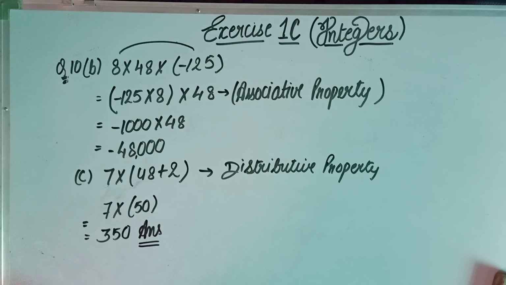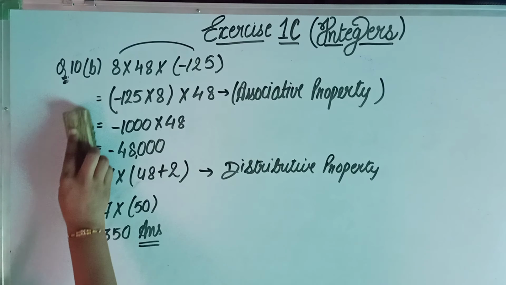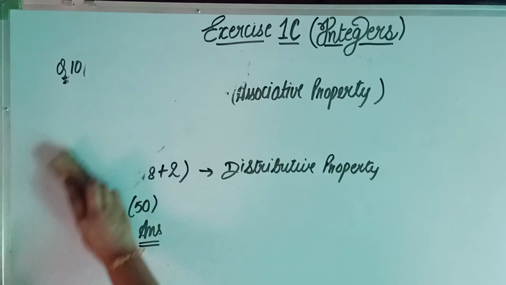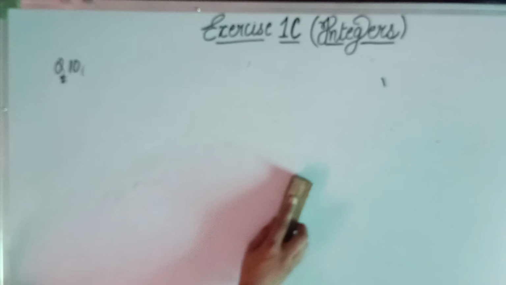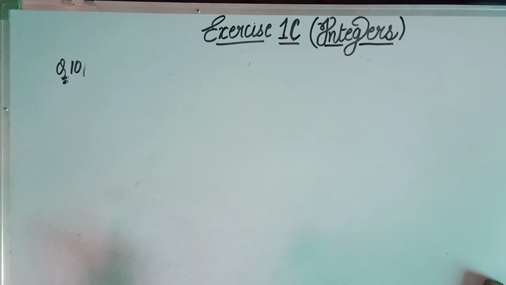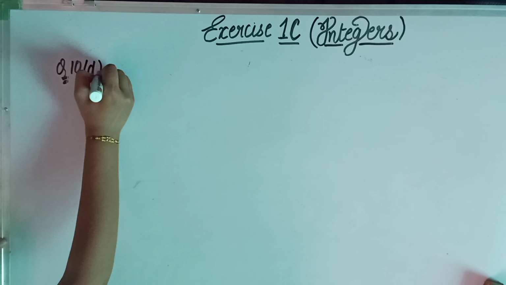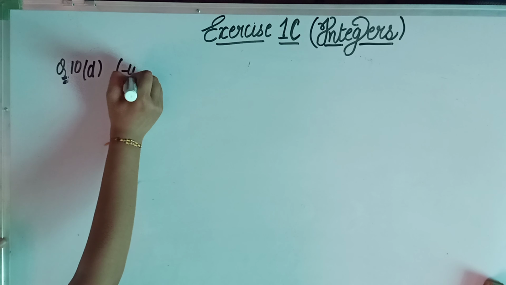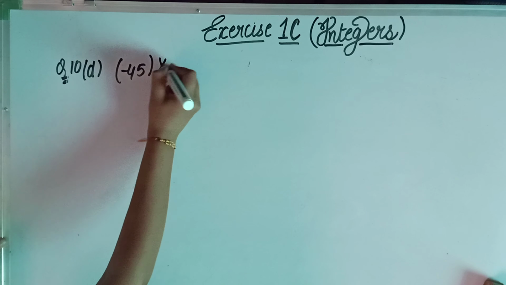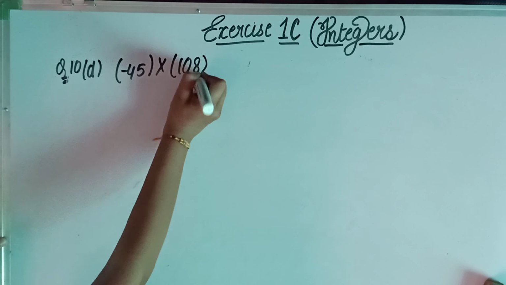Okay. Now we are moving ahead with the D part. So D1 is minus 45 multiplied by 108.